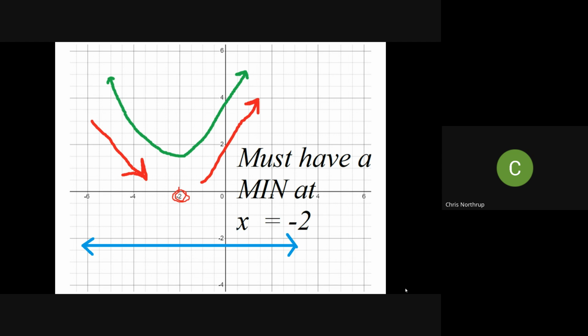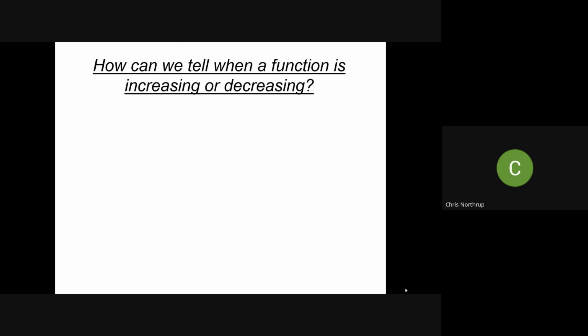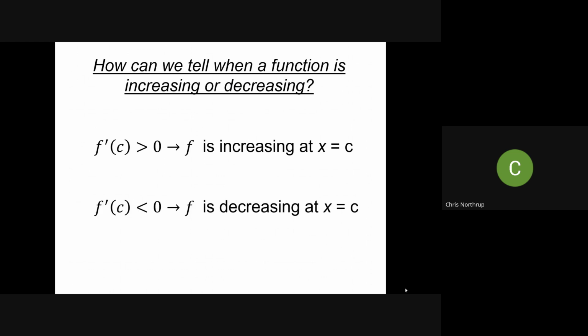So the question you might have is, how would I know if my function is increasing or decreasing? That all has to do with your derivative. The derivative tells us the instantaneous rate of change at a point. What that means is if I have a positive derivative at a point, then my function is increasing. If I have a negative derivative at a point, my function has to be decreasing.